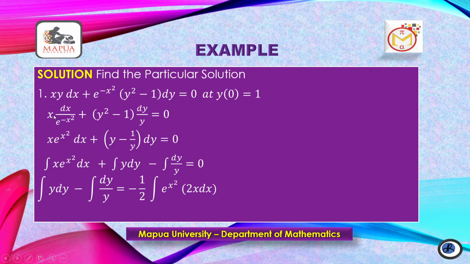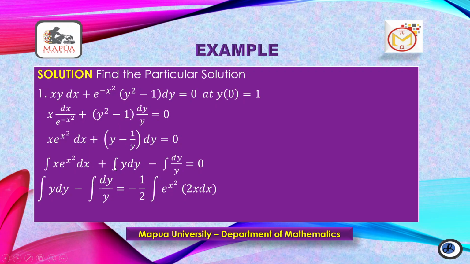So we have x dx over e raised to negative x squared, and on the second term, we have y squared minus 1, divided by y, so we have dy over y. Then we can also express this as x e raised to x squared, because expressing the denominator as numerator, we have to change the sign of the exponent. Then y squared divided by y is y, and 1 over y is negative 1 over y, dy.